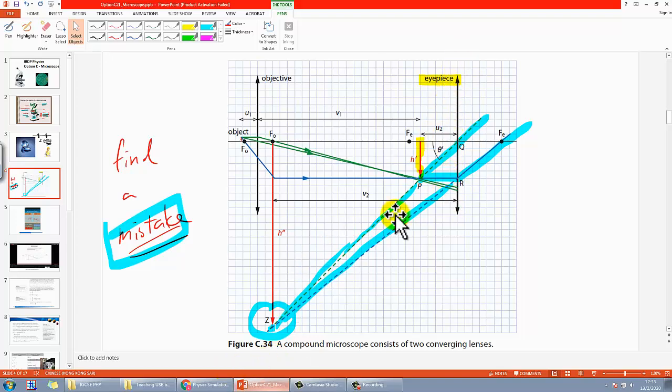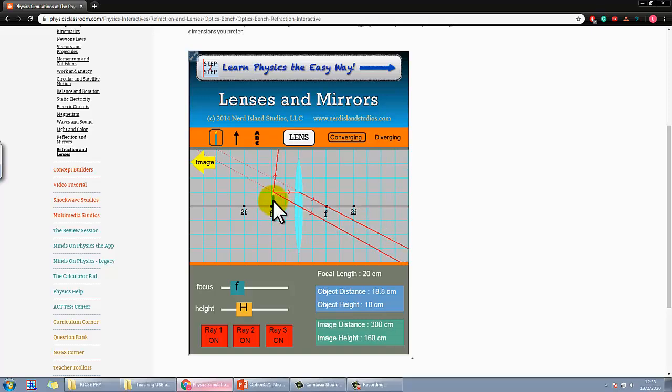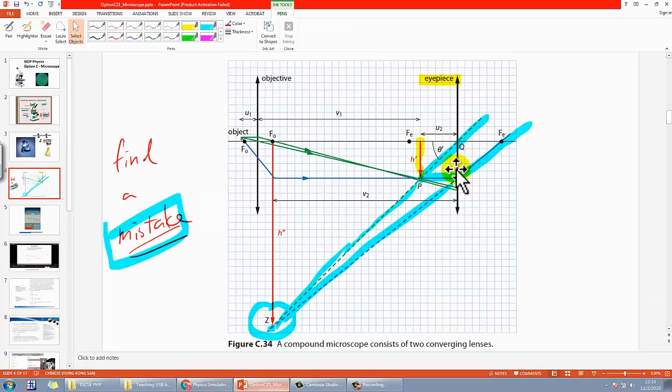So imagine you already got this intermediate image, which acts as an object for the second lens. What you can see here is this intermediate image is adjusted so that it is a little bit closer to the lens than the focus point.